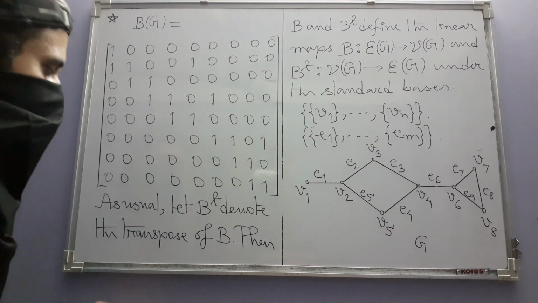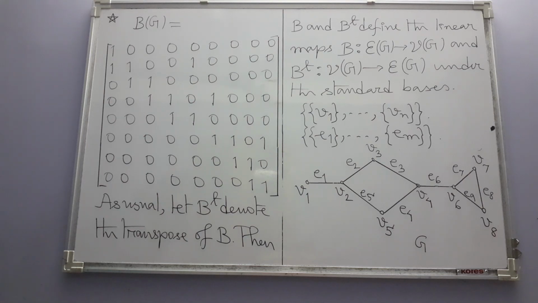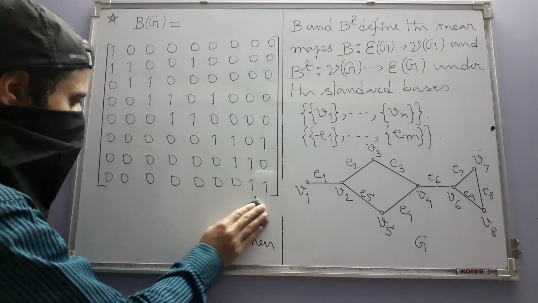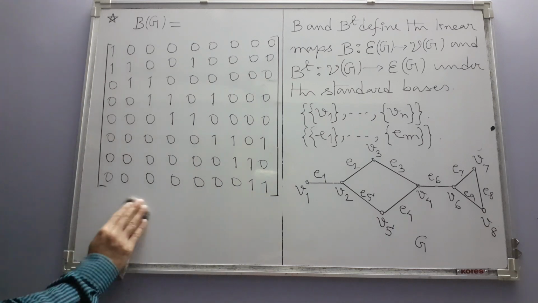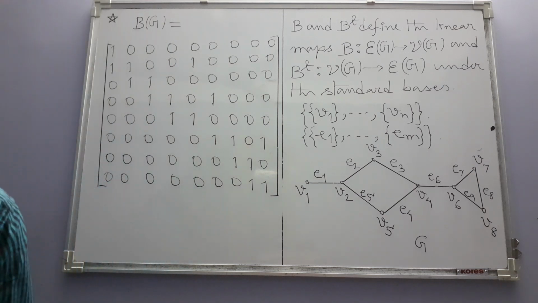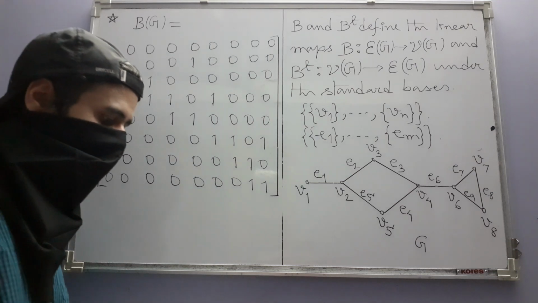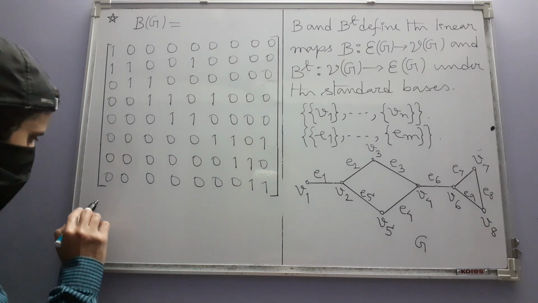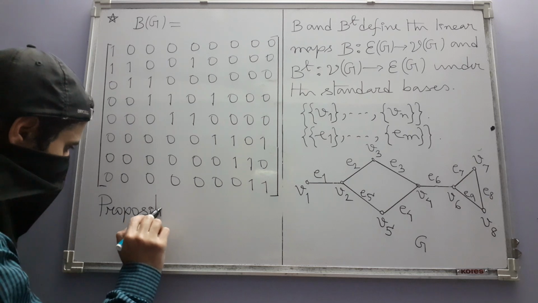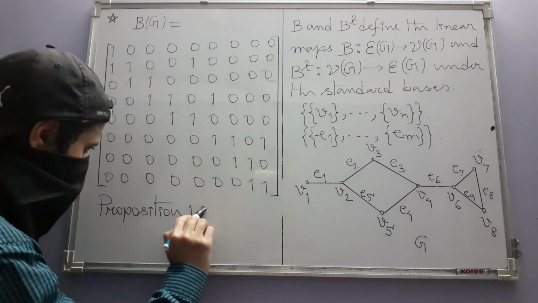Okay, now after this, what the author does is that he gives some facts about these matrices. It turns out that these linear transformations have special kernels and images, and the result is very nice. It has just been mentioned. It is proposition 197.